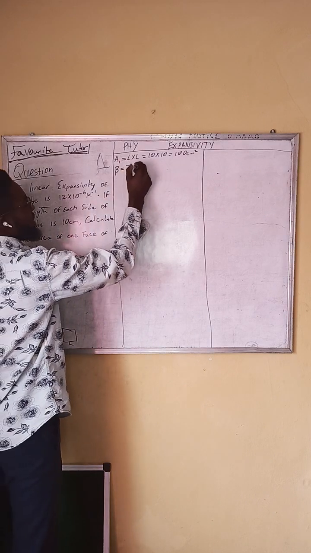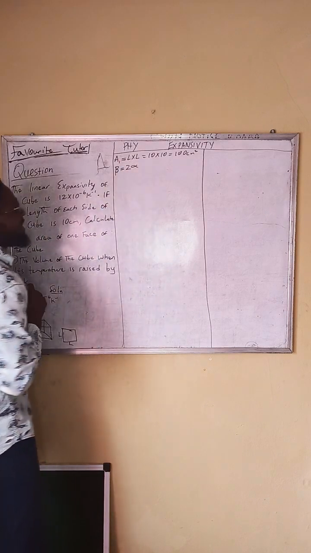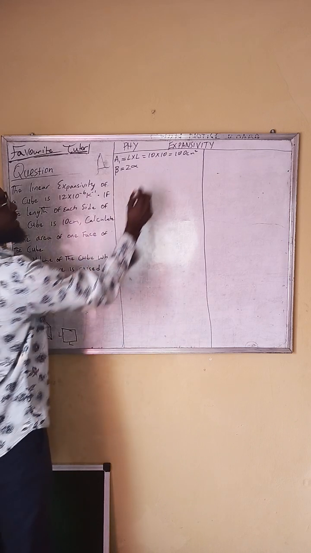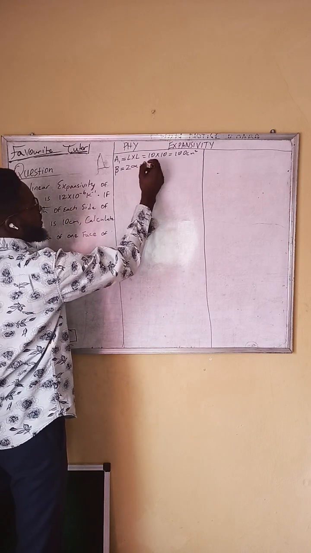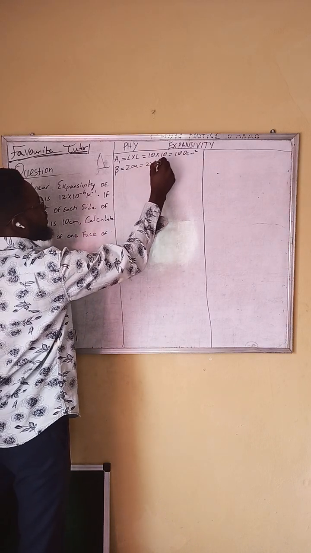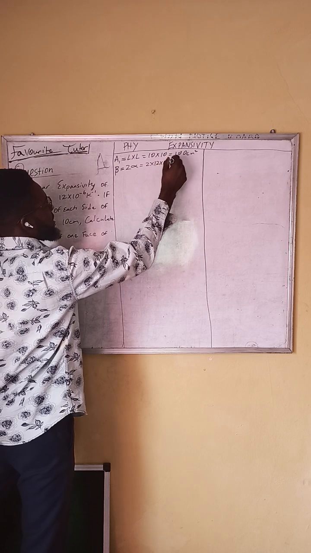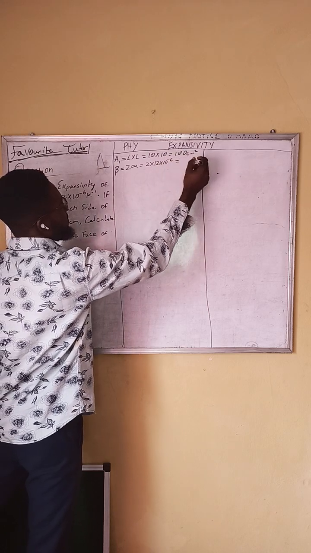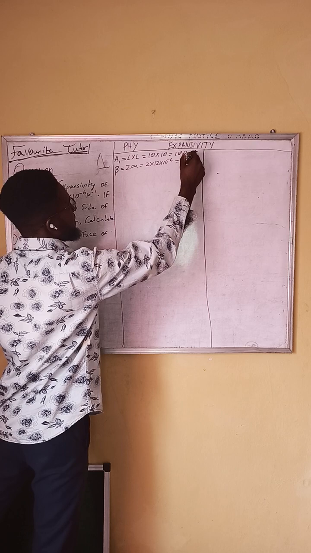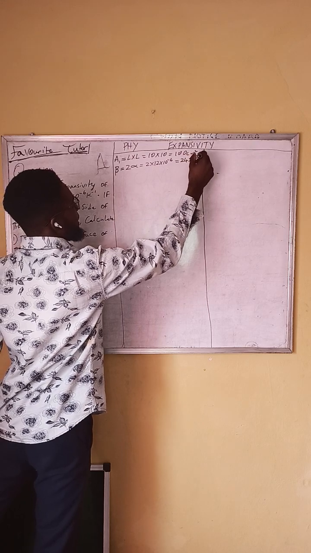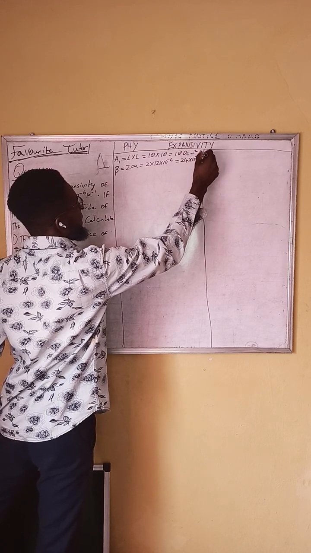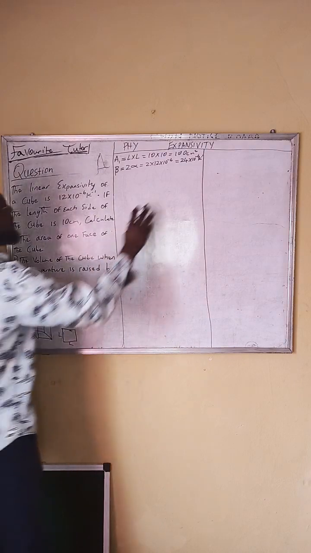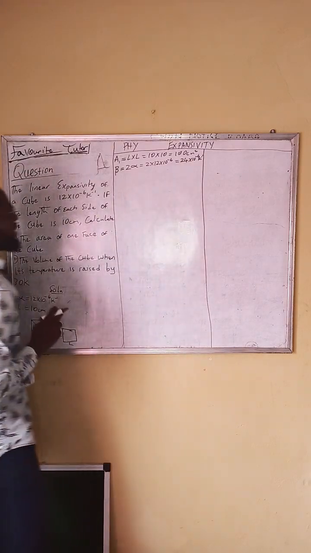Area expansivity is twice the linear expansivity, which equals 2 times 12 times 10 raised to the power minus 6, which gives us 24 times 10 raised to the power minus 6 per Kelvin. So this is the area expansivity.